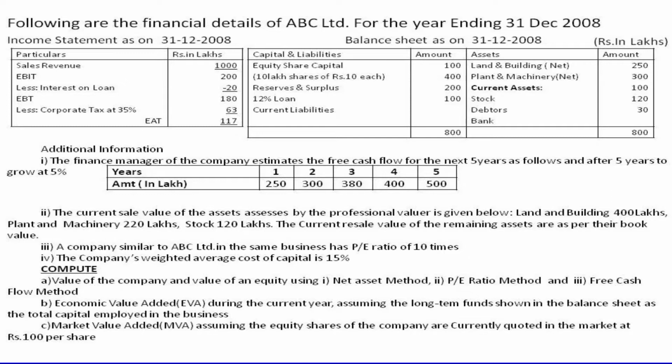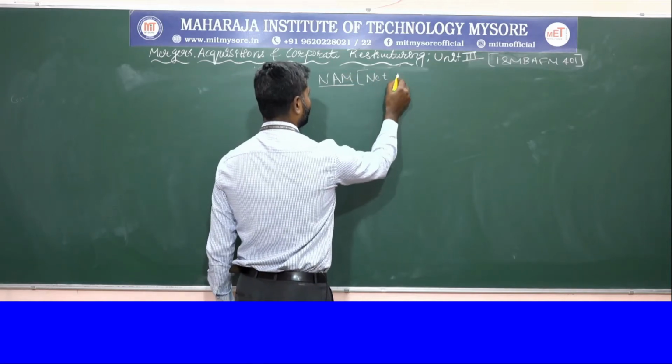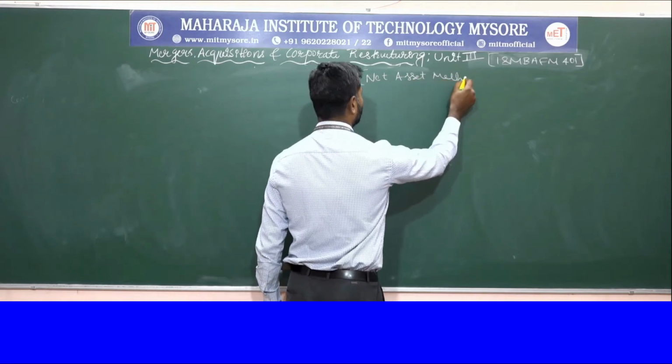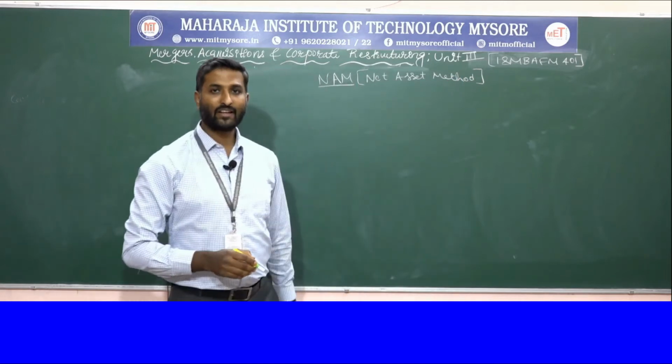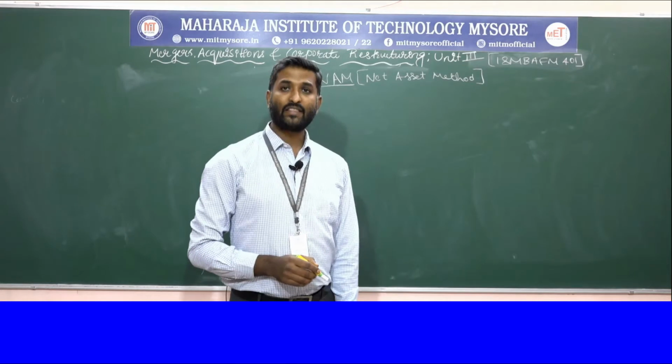As we discuss, we are going to calculate the net asset value, the NAV method, or we can call it the net asset method. Here we need to consider the given information at book value.